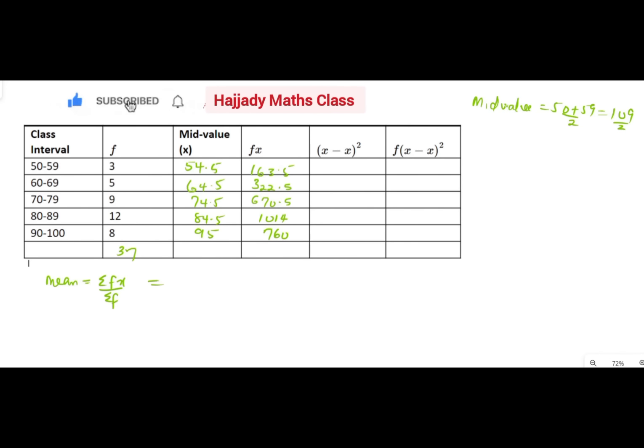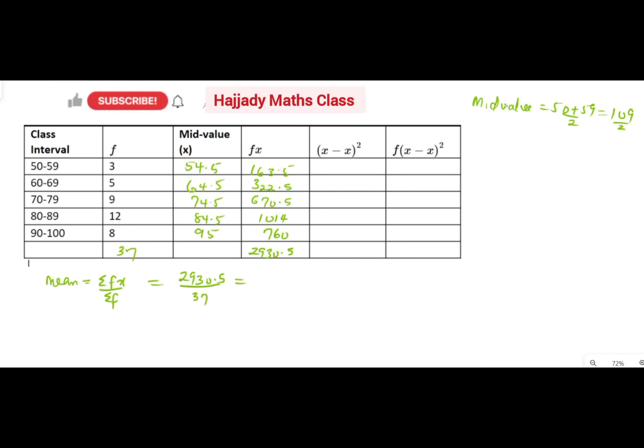So calculating the sum of everything, that is adding everything together, the sum is going to be 2930.5. So with this, my mean is going to be 2930.5, which is the summation of fx over summation f, which is 37.